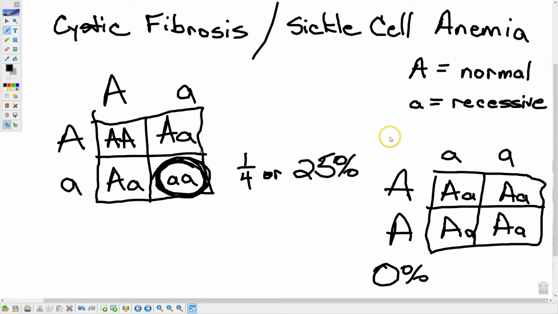Now, funny, ironic, sad story. Cystic fibrosis is only passed along in populations of primary European ancestry. What am I saying? I'm saying Caucasian. I'm saying white. Sickle cell anemia is primarily passed along through populations of African ancestry. What am I saying?